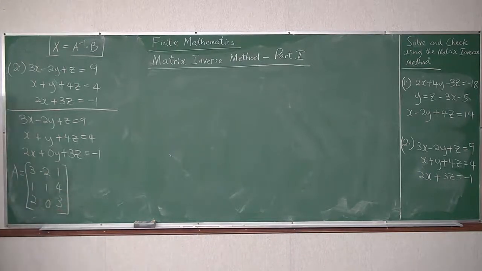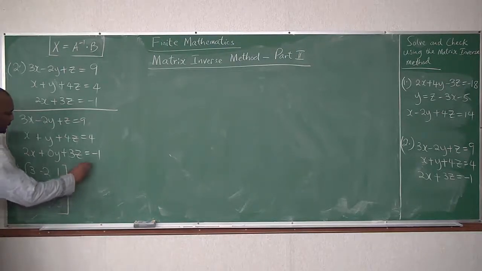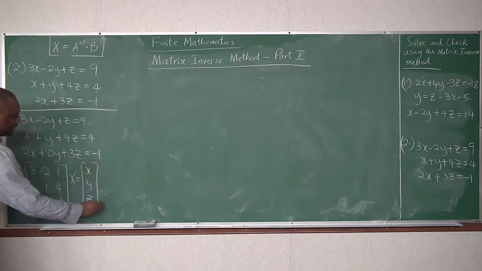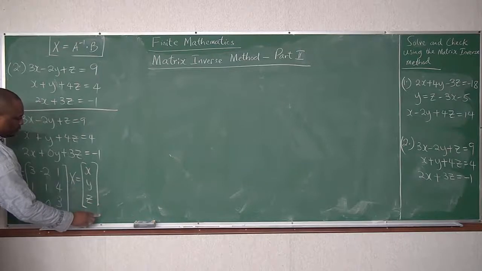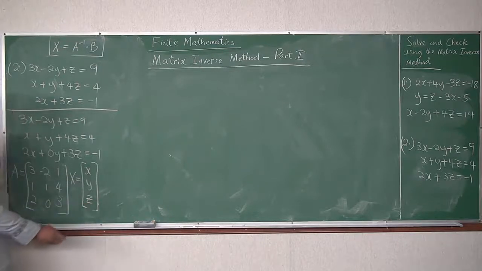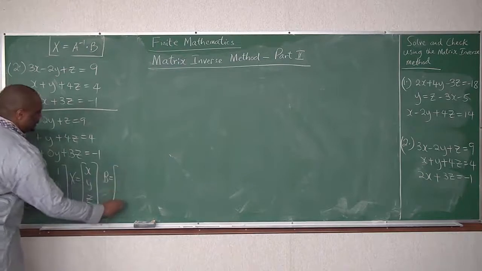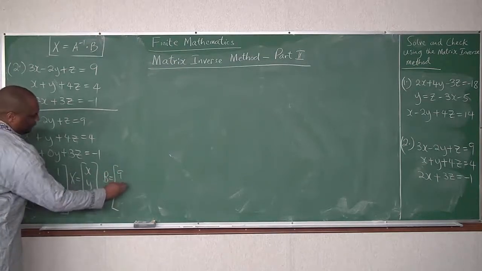That is our A. 3, 1, 2 for x, negative 2, 1, 0 for y, and 1, 4, 3 for z. Then our X is x, y, z. Then our B, matrix of constants, is 9, 4, negative 1.